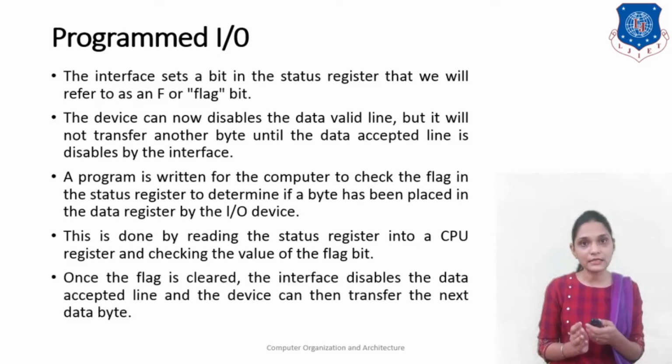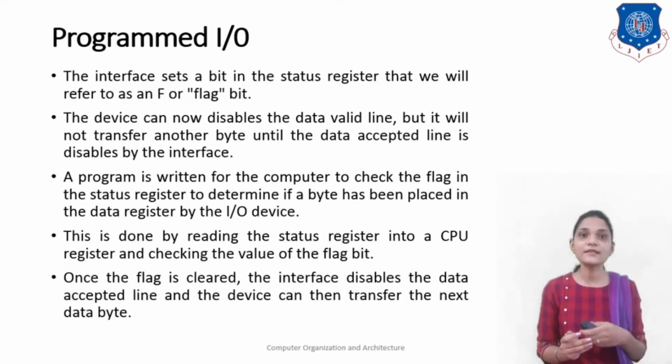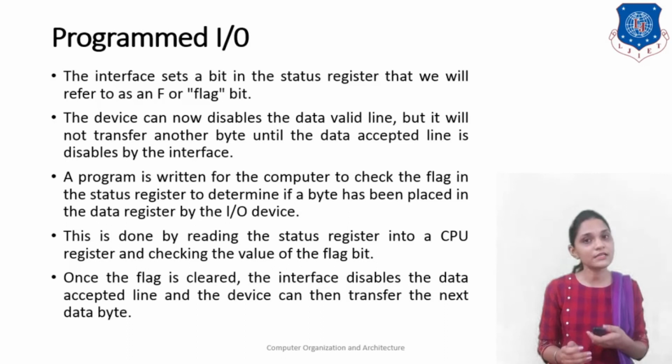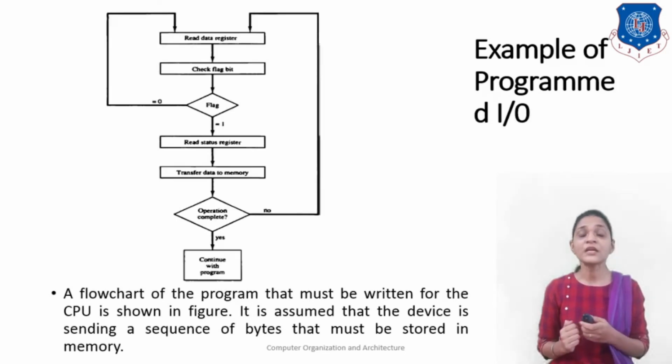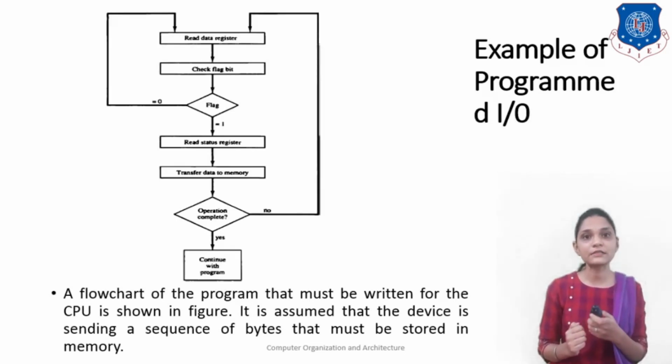Once the flag is cleared, the interface disables the data accepted line and the device can then transfer the next byte. So the flowchart for the program written for the CPU is shown in this figure, and here we have assumed that the device is sending a sequence of bytes that must be stored in the memory.